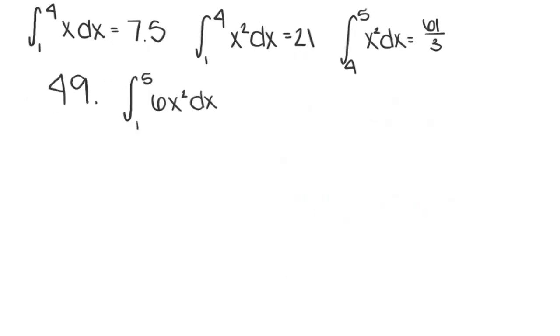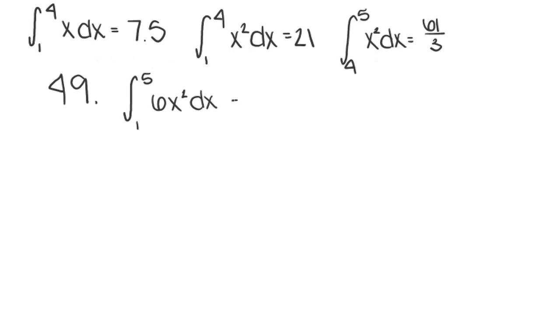So now let's look at another problem that is really similar to that, but we're going to use different pieces of information about integrals. So here we have 6x squared from 1 to 5. Well, first off, none of our integrals that we are given go from 1 to 5.